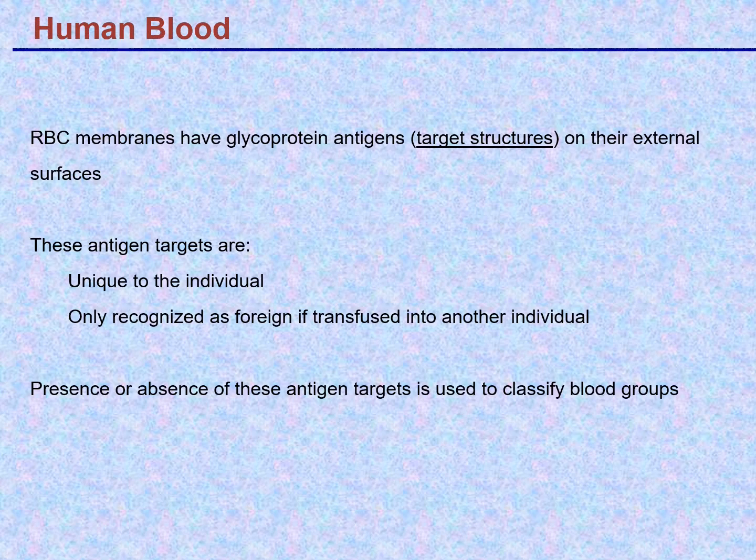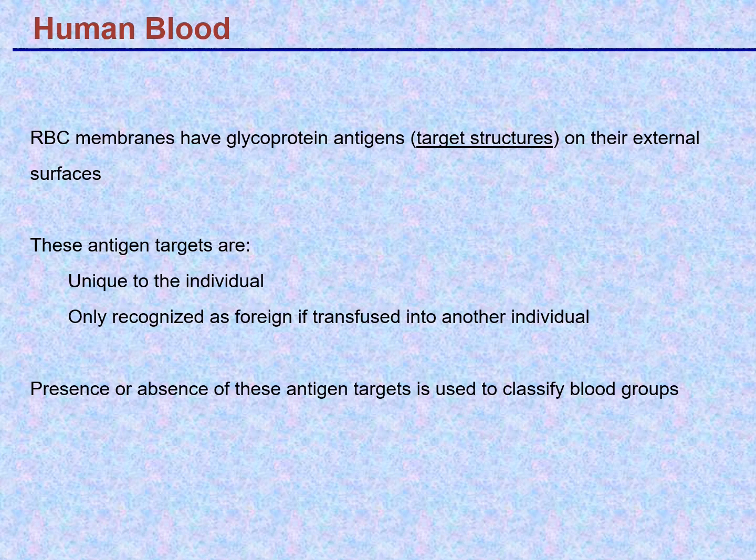Now, human blood has molecules on its surface that can trigger strong reactions. These are antigens. They're glycoproteins. Glycoproteins are quite good at being antigenic, triggering immune responses. There are actually many different molecules on the surface of red blood cells.